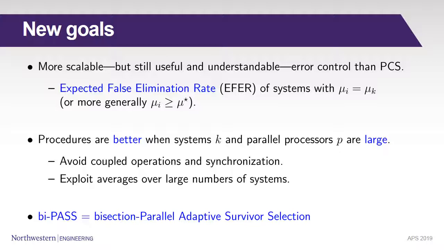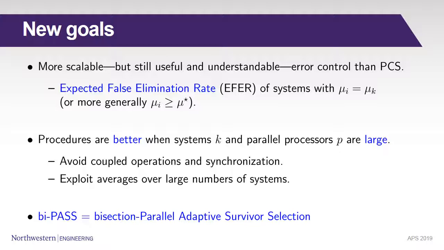We're also looking for procedures that get better when the number of systems K and the number of parallel processors P are large. In fact, the procedure I'm going to show you at the end is a really poor choice when K is small and there's only one processor.